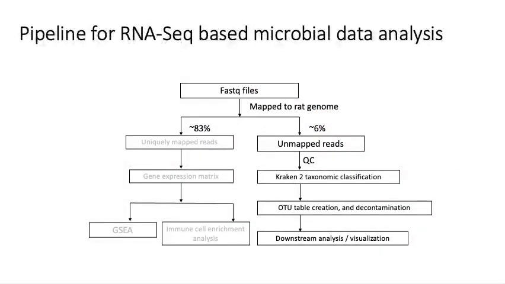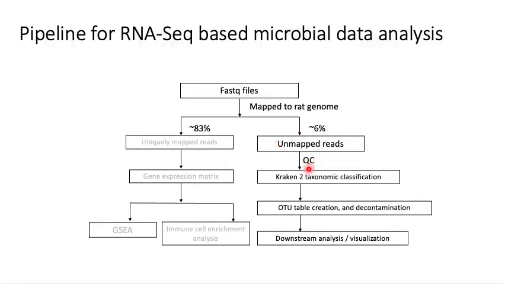This is the pipeline we used for RNA-Seq based microbial data analysis. The input data are the FASTQ files. After mapping those data to the rat genome, we found that a small percentage of the reads were unmapped.